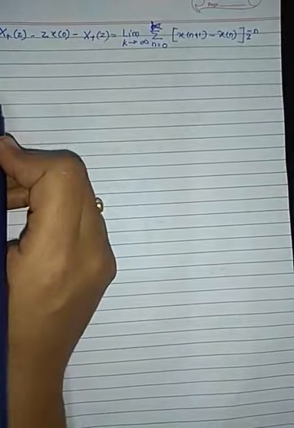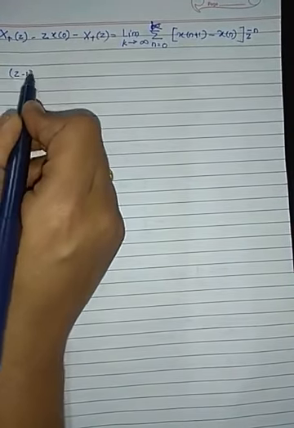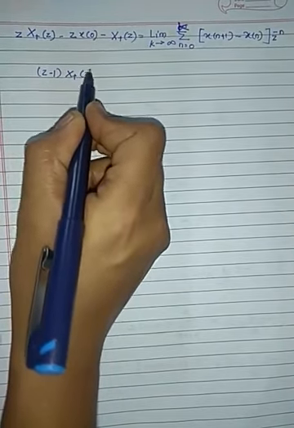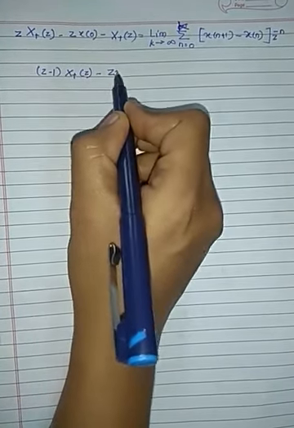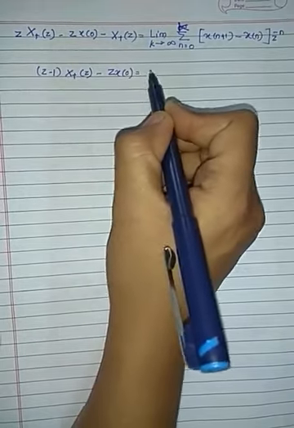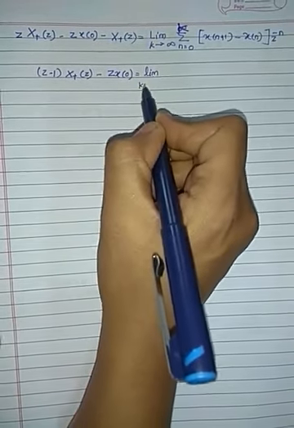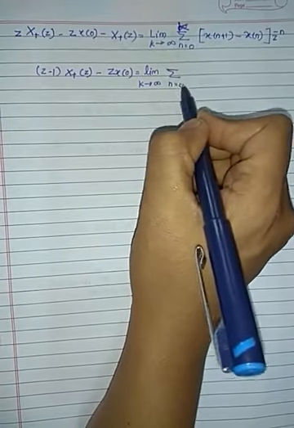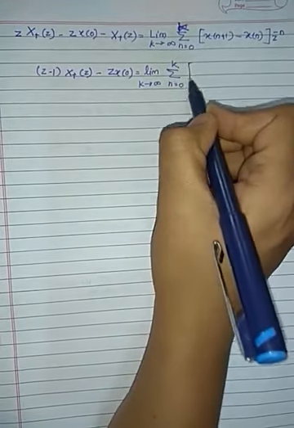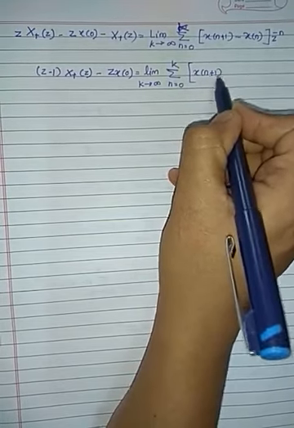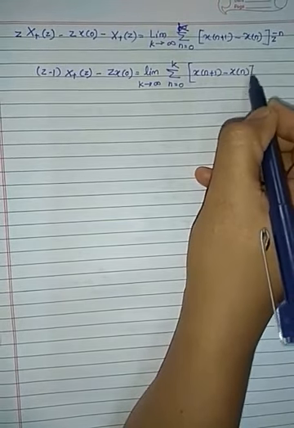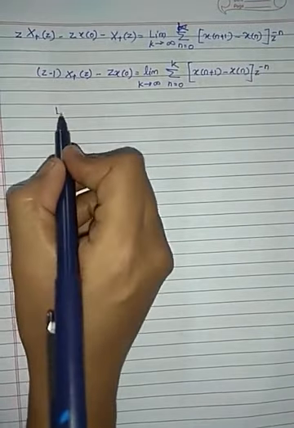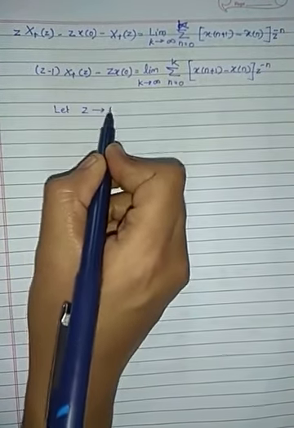Okay, so simplifying this, we have (z minus 1) into X plus of z minus z into x of 0 is equal to the limit as k tends to infinity of the summation from n equal to 0 to k of (x of n plus 1 minus x of n) into z raised to minus n. Now let z tend to 1.